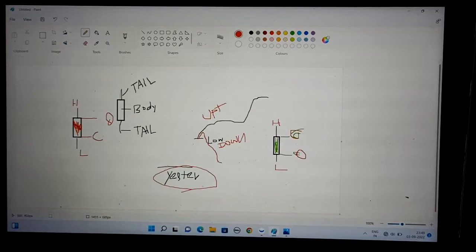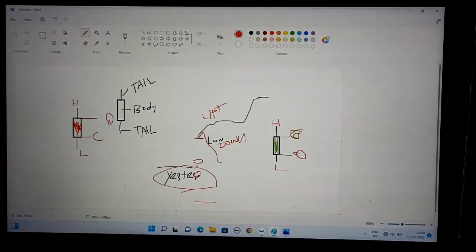If the market was closed here and the market is opened here, this is the gap down, this is the gap up, because there is a difference. If it is a flat opening, then the market will open here or here, between 20 to 30, 40 points. But the market is opening from here, this is the gap, and the gap has formed in the upward direction, so it is a gap up.